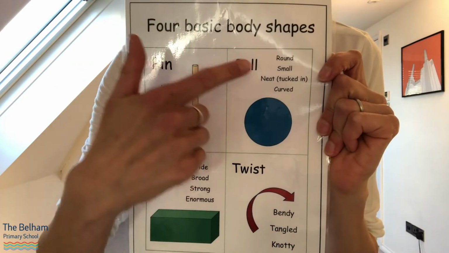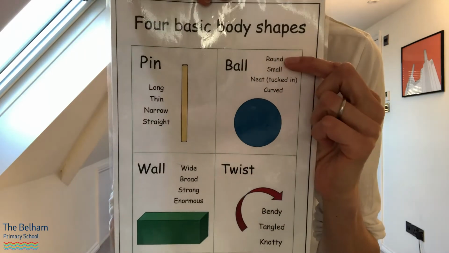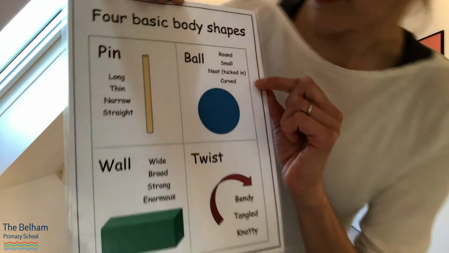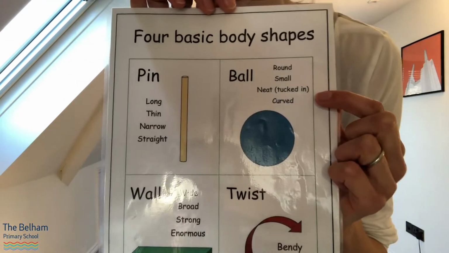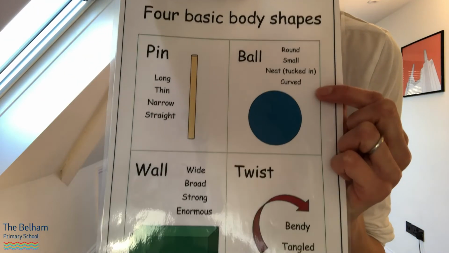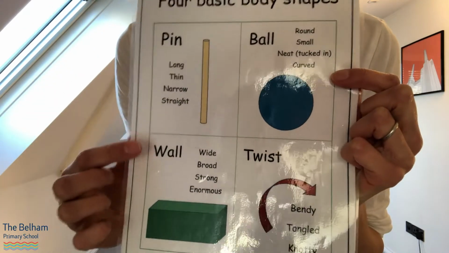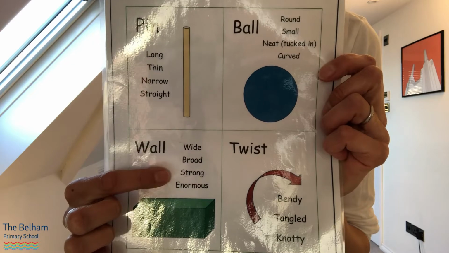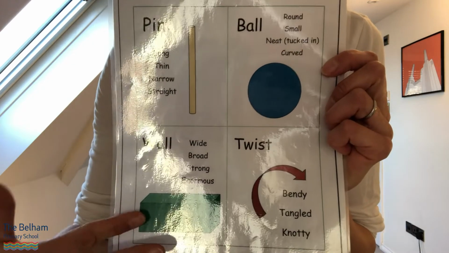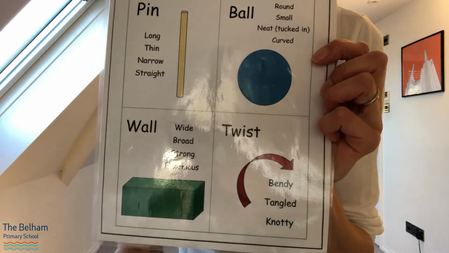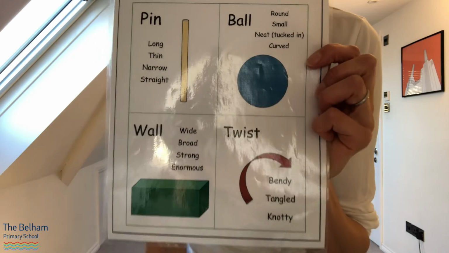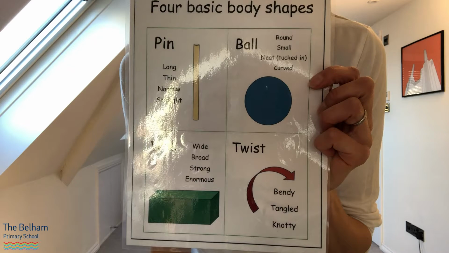We have ball, which is round, small, neat or tucked in and curved. Good. We also have wall, which is wide, broad, strong, enormous. Nice solid block there. And my favourite, twist, which is bendy, tangled, and knotty. Ooh, lots of good dance words there.